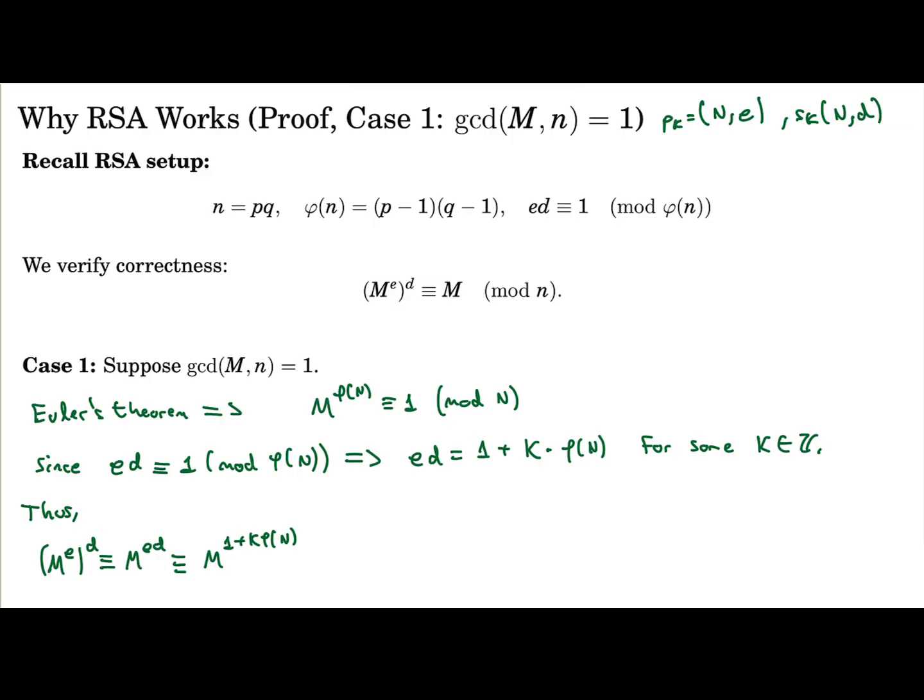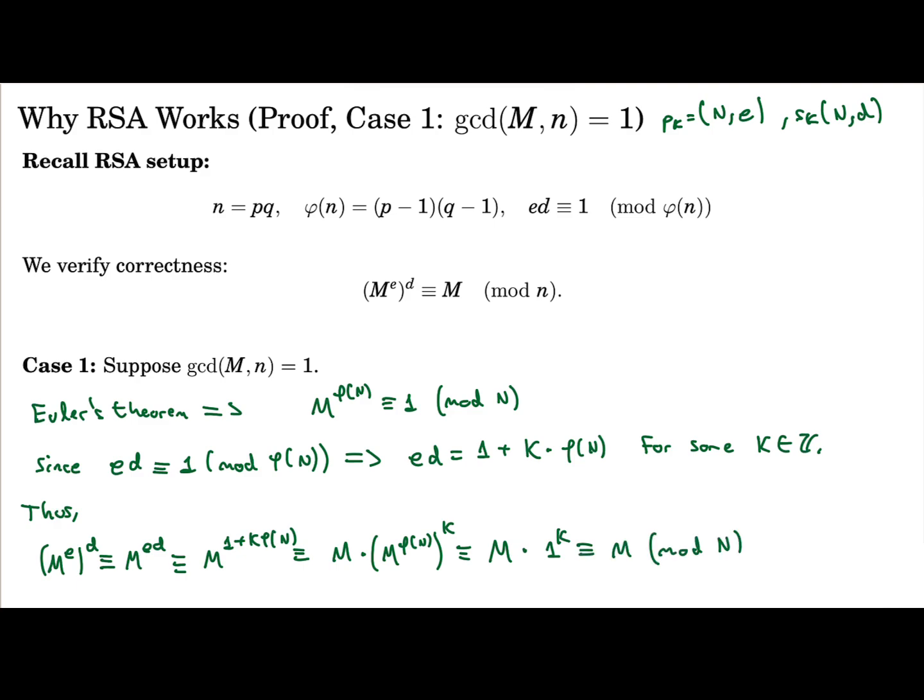And so you can rewrite it as m times m to the phi n, to the k. So this is just rewriting. The plus 1 you just multiply by m, and then the k times phi n you just write like this to the power. Now we know that m to the phi n is congruent to 1. So this is just m times 1 to the k, and 1 to the power k is just 1. So this is just congruent to m mod n, which is what we wanted to show.